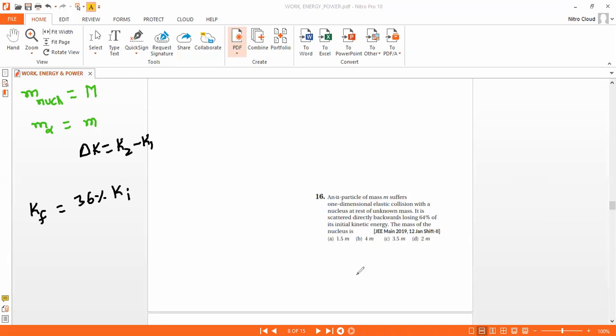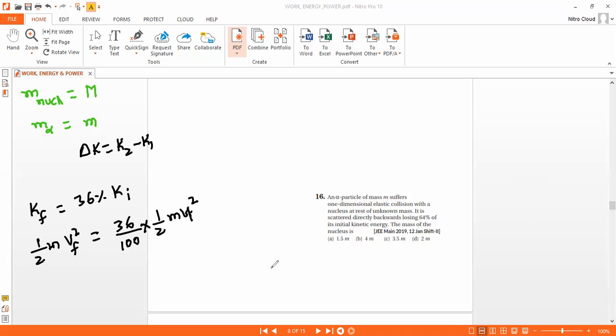So half m vf square equals 36 by 100 times half m vi square.